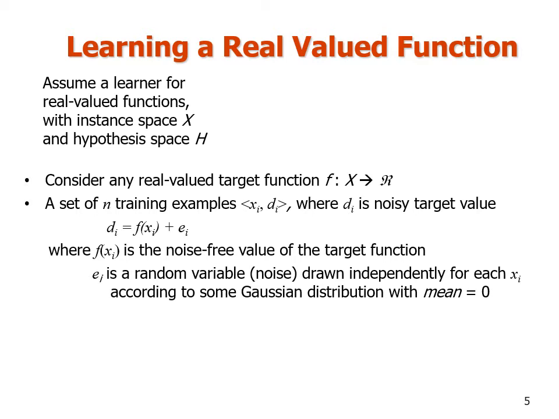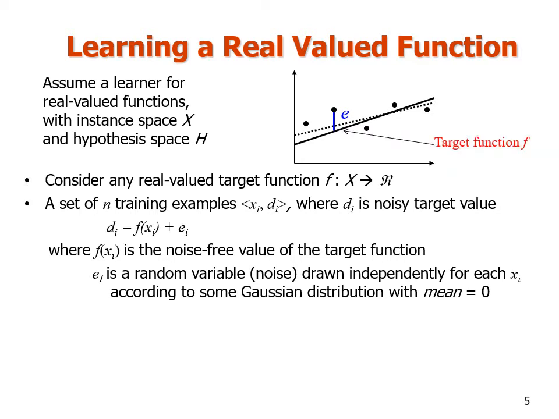Let us consider a simple example of such a problem, that is learning a linear function. Let us see this visual illustration. A linear target function f is depicted in this figure by a solid line, and a set of noisy training examples of this target function are shown by the dots.